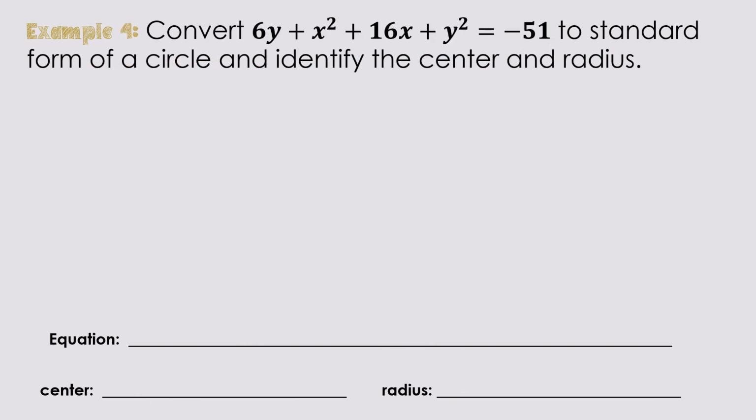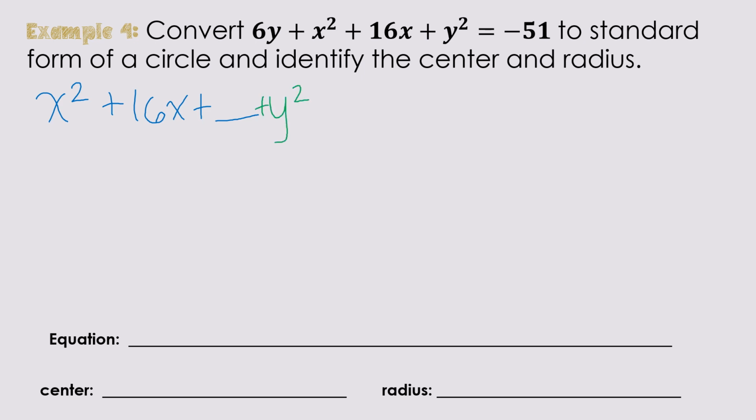All right, so let's try one more, kind of like the one that we just did. So let's start with our x squared, and our x squared is on the left, so it is not going to move, or it's not going to change signs. The 16x is on the left, so it is not going to change signs because it doesn't need to move to the other side. Now let's look at our y squared, which is on the left, so it does not change signs.